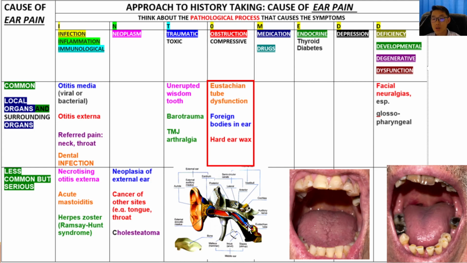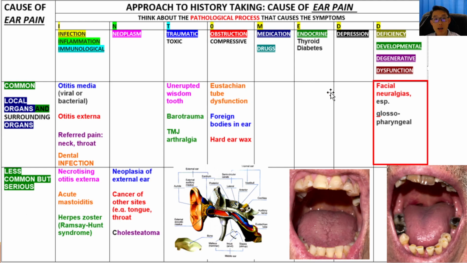This leads to impaired air pressure within the eustachian tube as well as the ear cavity, causing increased air pressure, therefore ear pain. Foreign bodies in the ear as well as hard wax has also been known to be very common cause of ear pain in susceptible individuals.